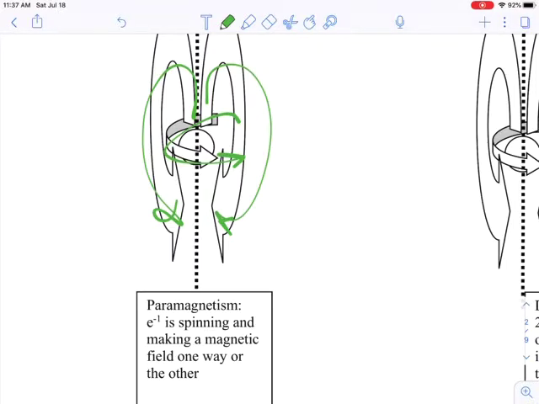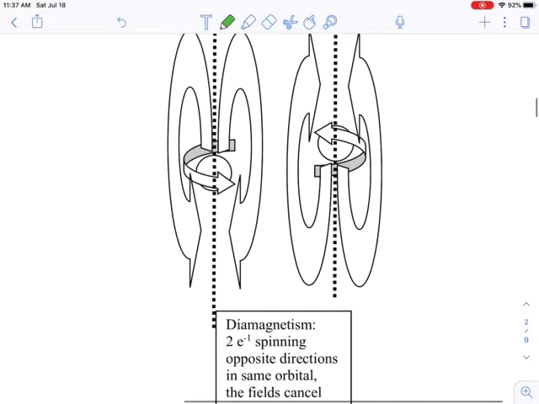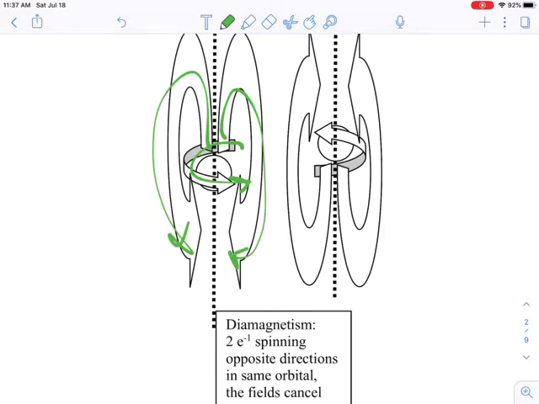Well, you can't have electrons that spin but don't make a field, but what you can have is what's called destructive interference, which is where the electron spins one way and makes a field, we'll say north to south. But then if you have in the same area an electron that happens to be spinning the other direction, that one is going to make a field from south to north.